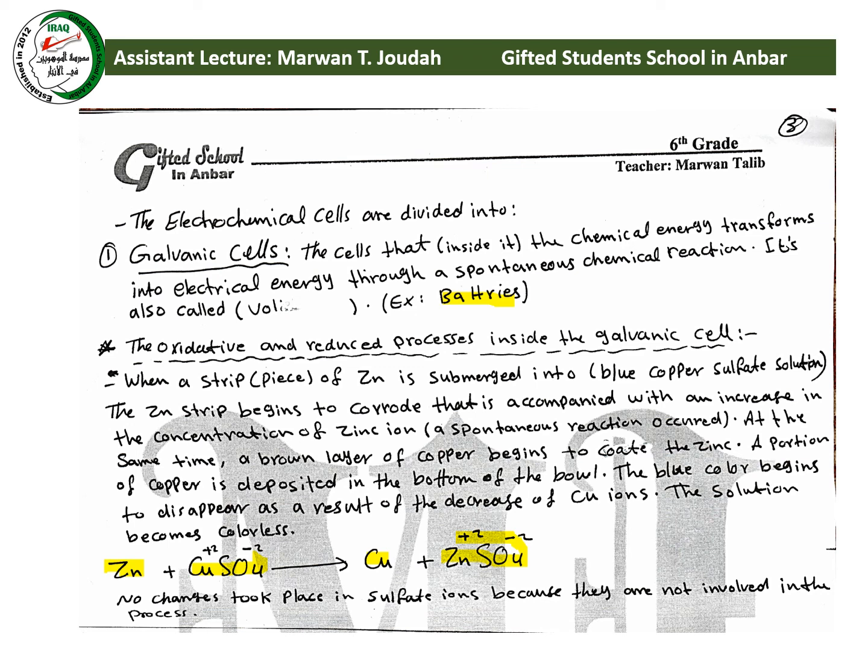So it's a kind of single displacement. I don't know if you still remember the types of reactions from second grade. We have double displacement and single displacement. This is a single displacement, so the Zn replaced the copper, and the SO4, the sulfate ions, has not been affected.